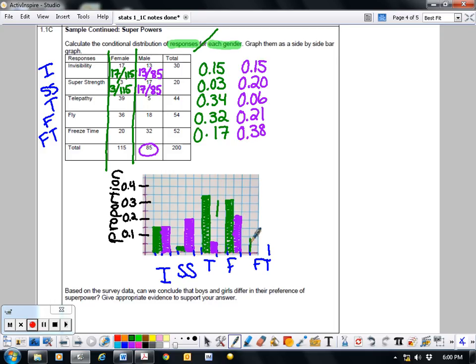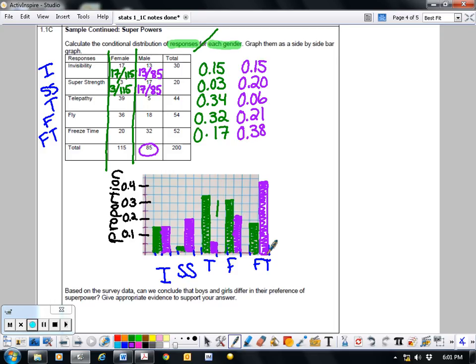And then 0.17 and 0.38. So there you can really look at those differences of genders for each one.